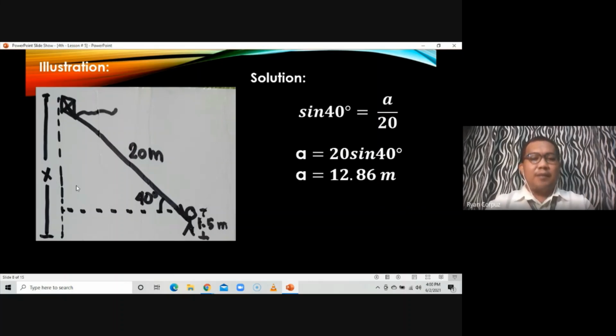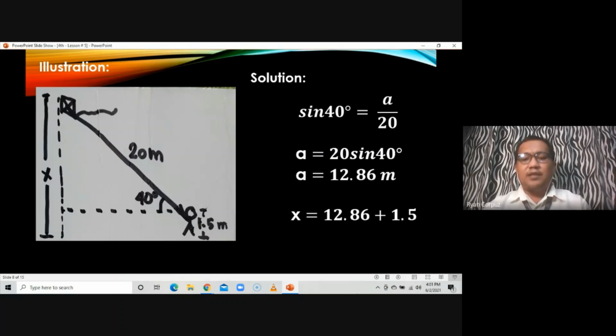But what we are asking in the problem is the x, gaano kataas from the ground to the top of the kite. Gaano kataas yun from the ground, yung kite. So, since we already know the height of this from the ground, that is 1.5 meters, all we have to do is just add them. So, in order for us to find x, so 12.86 meters, which is this part, plus 1.5 meters, which is this part, you'll come up with a measure from the ground to the kite.